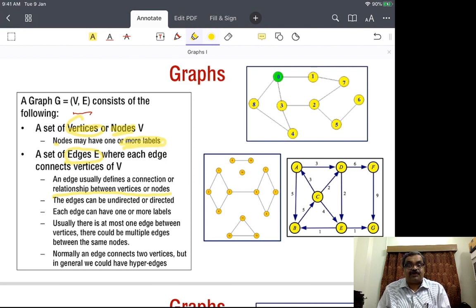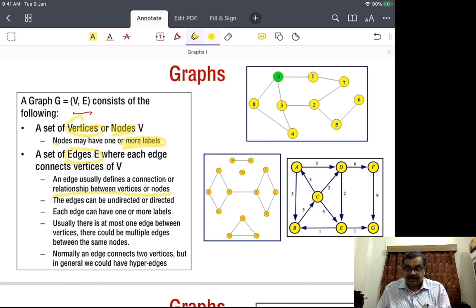So in terms of a graph, we have two major entities. One is called the vertex or nodes. There may be n nodes in a graph, and there may be m edges or m connections. And each connection is a combination of two vertices.